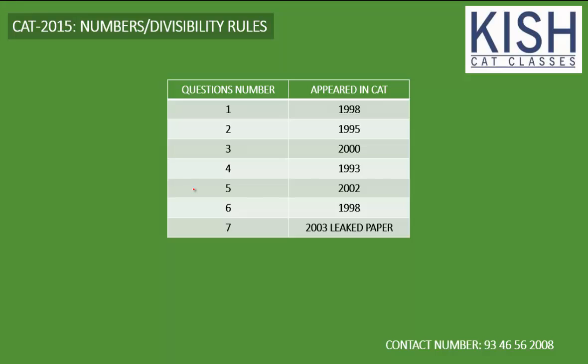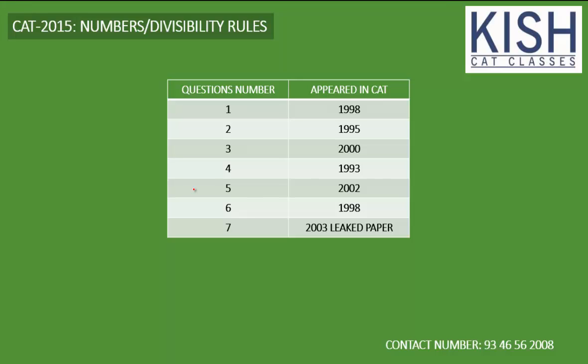Now, if you observe this question number 1 and the question number 7, which is really confusing, that appeared in the CAT 2003 leaked paper, the remaining are like 1998 to 2002. Why don't we have a question after 2003? Divisibility rules is, well, after 2003, the number of questions in the sections were very, very limited. For the majority of the years, it was like 21 questions. Last year is 34, this year is 34.